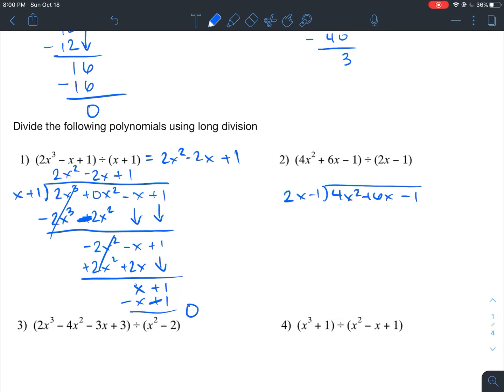Now what number do you need to multiply 2x by to get 4x squared? And that would be 2x. So write that up here. So 2x times 2x and negative 1 would be 4x squared minus 2x.